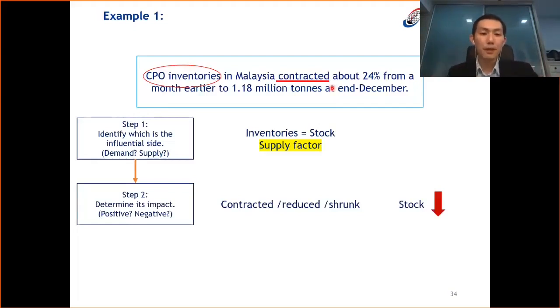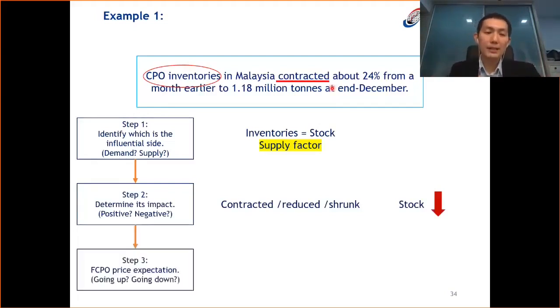Now, the last step: what can you expect for the FCPO price? Is it going to go up or come down? Based on these 3 simple steps, step number 3, what is the expectation for the FCPO market, and why?